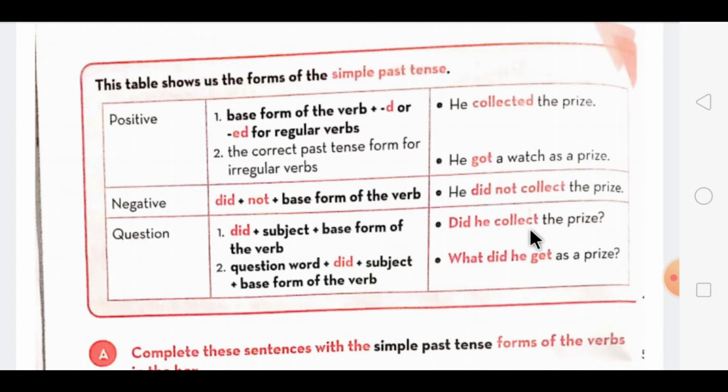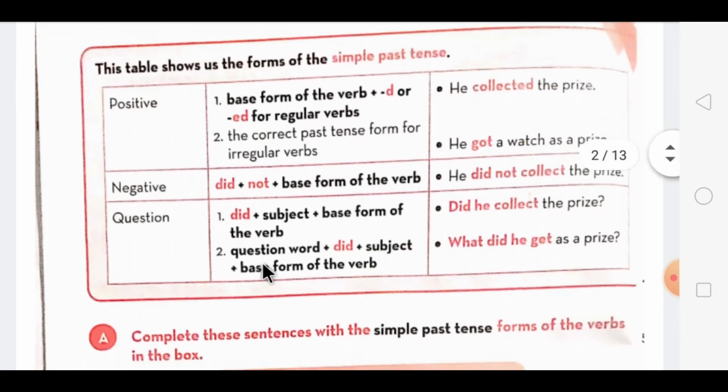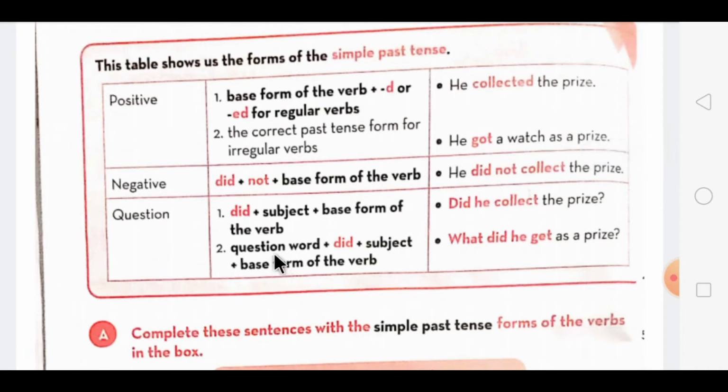Did he collect the price? Then when we are using the question word to form a question, first the question word comes, plus did comes, plus subject, and then the base form of the verb as it is given over here. What plus did plus he plus get as a price.